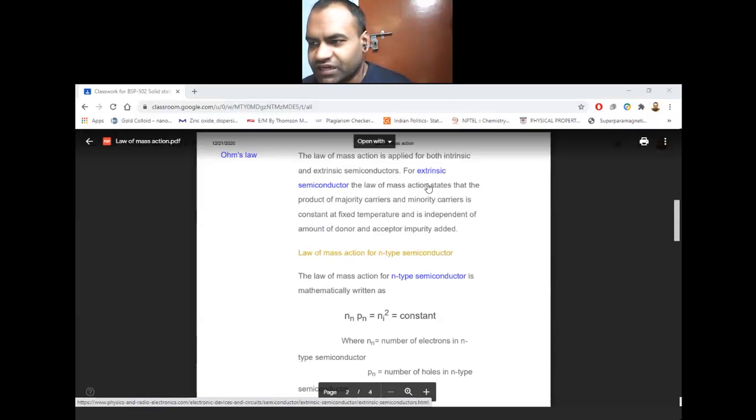Suppose an intrinsic semiconductor may not be a very good conductor of electricity. But if you add a little bit of impurity to an intrinsic semiconductor, then it can become a very good conductor of electricity.